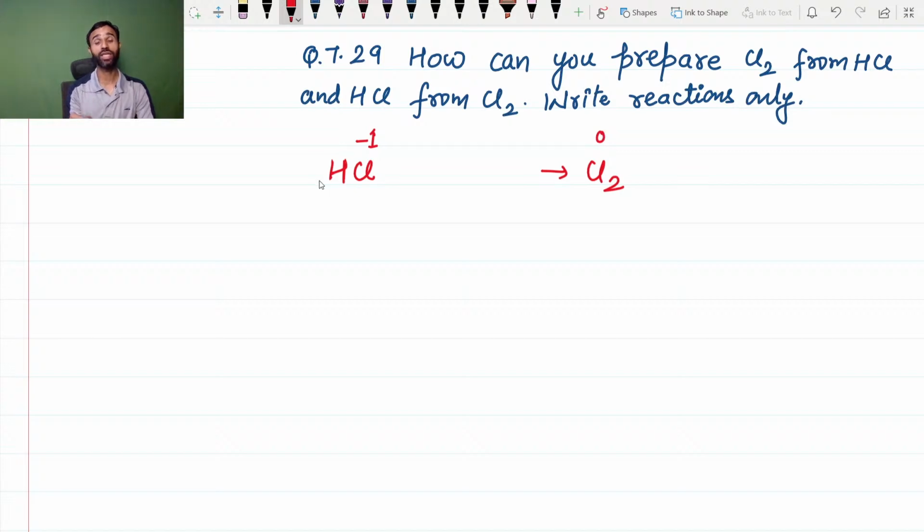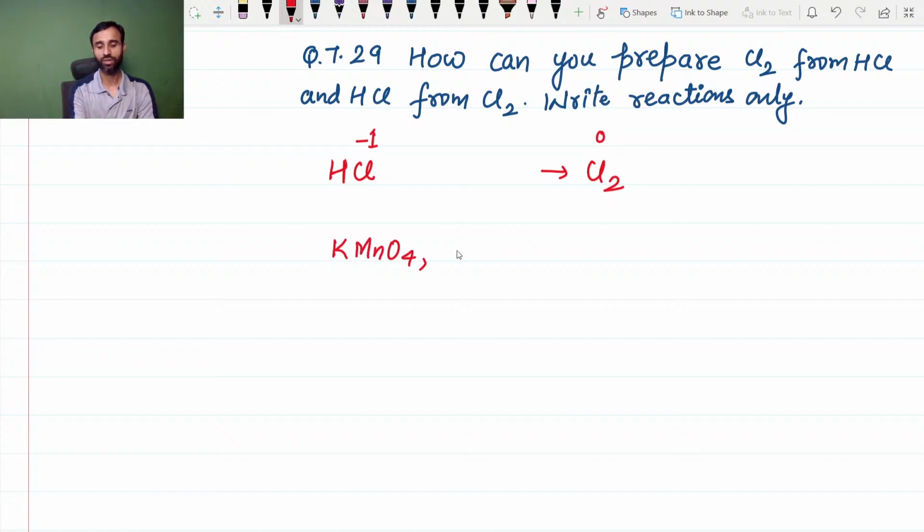That means HCl is oxidized to Cl2. So HCl can be oxidized to Cl2 by different oxidizing agents like KMnO4, potassium dichromate, means potassium permanganate, potassium dichromate, or even MnO2.